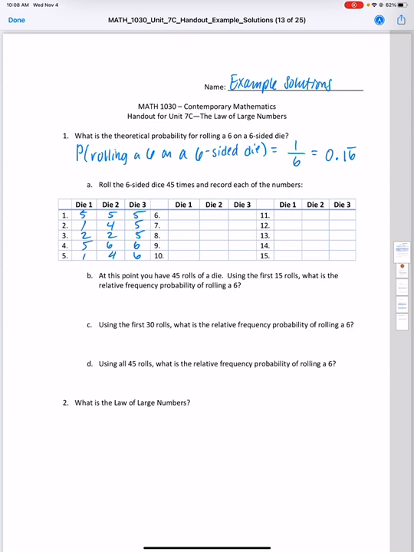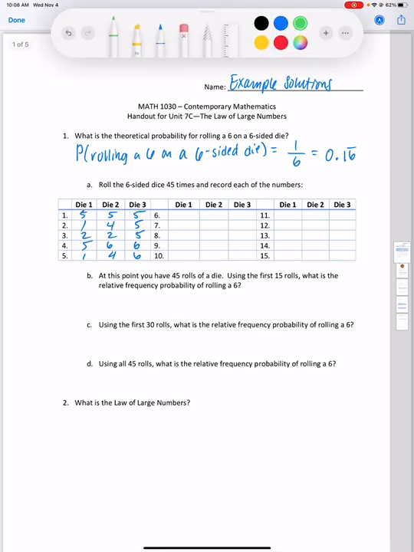Okay, we're going to pause here and do part B. Using the first 15 rolls, what is the relative frequency probability of rolling a 6? We're going to talk about the theoretical probability and watch the relative frequency probability. Let's take a look at how to calculate a relative frequency probability. We take what we want, so we want 6s. 1, 2, 3. There were 3 6s rolled in 15 rolls.